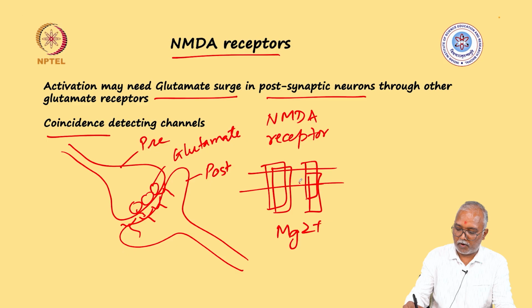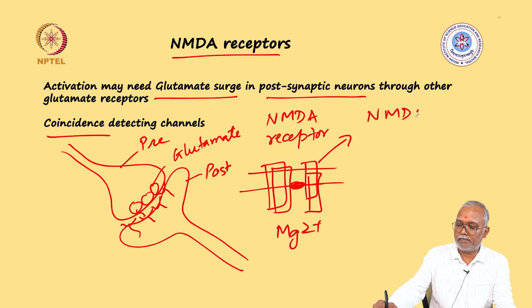It is basically blocking things here. It does not allow the ion movement. Magnesium is blocking it. When you have the ligands for this binding, some of which I already told you, NMDA could be one, glutamate could be one.